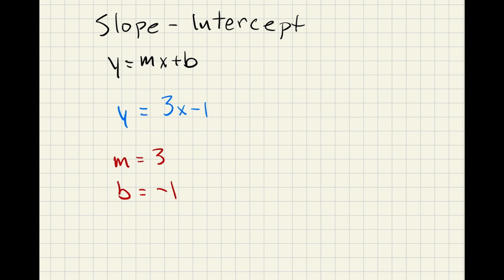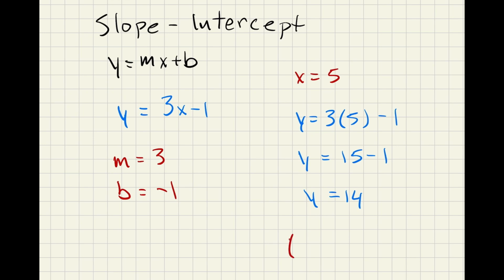So for example, let's go ahead and find the y value when x is equal to 5. So we go ahead and plug 5 in for x, and then we just solve. So here we see that y is equal to 14, or we know the ordered pair 5, comma 14 exists on this line.